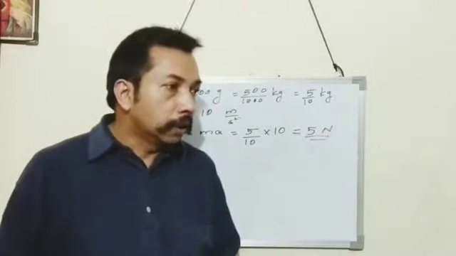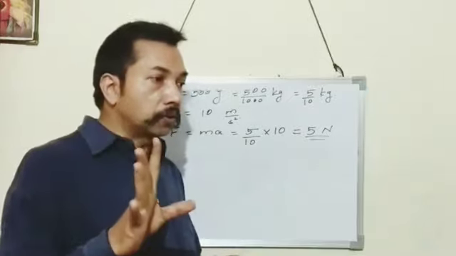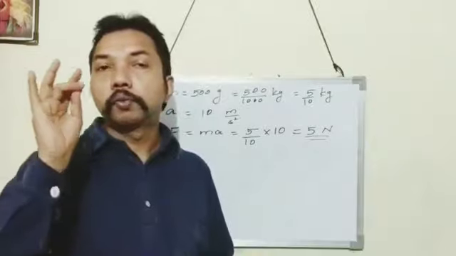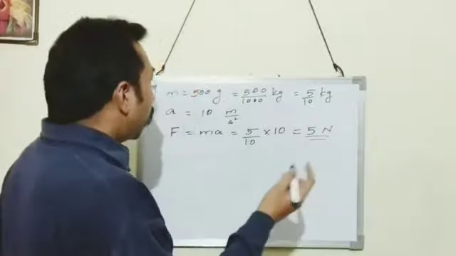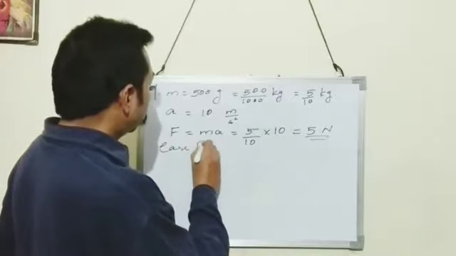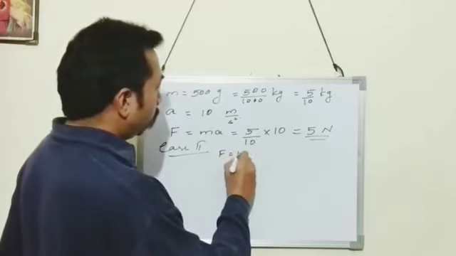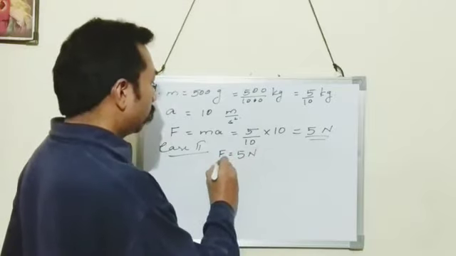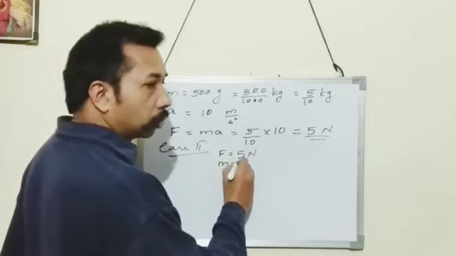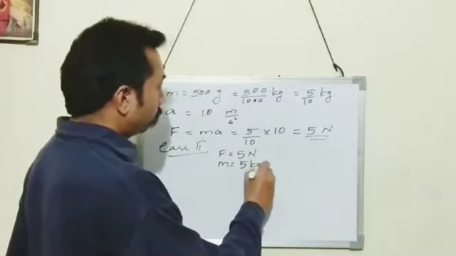Then the question is, what acceleration will be caused by the same force in a body of mass 5 kilogram. Now another body whose mass is, case 2, same force is equal to 5 Newton, but it is on another body of mass 5 kilogram.